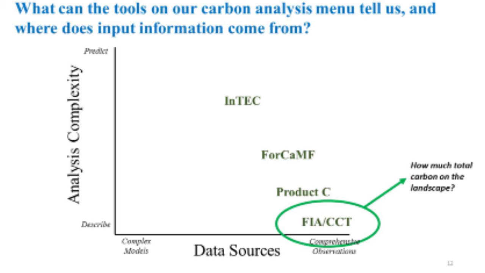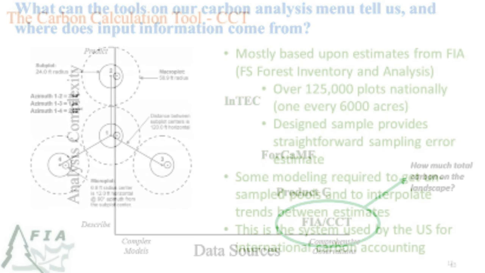So we're going to start with FIA CCT, and I'll tell you what that stands for in a second. This is the type of question that FIA and CCT are really perfect for answering: how much carbon is out there on the landscape.